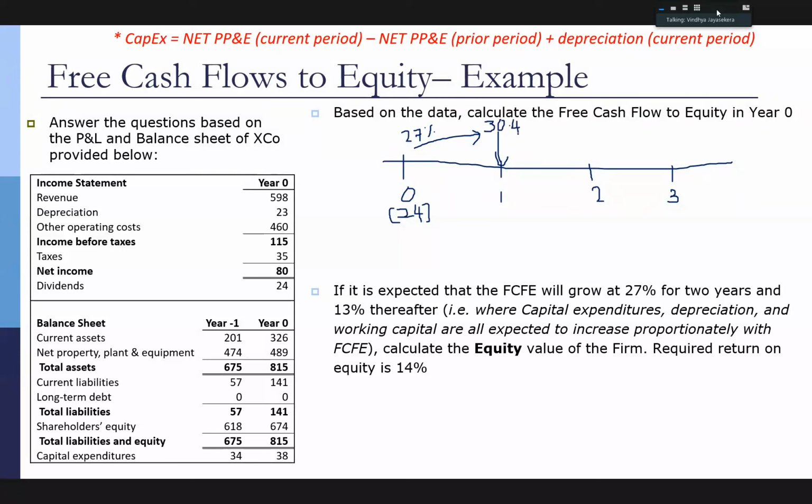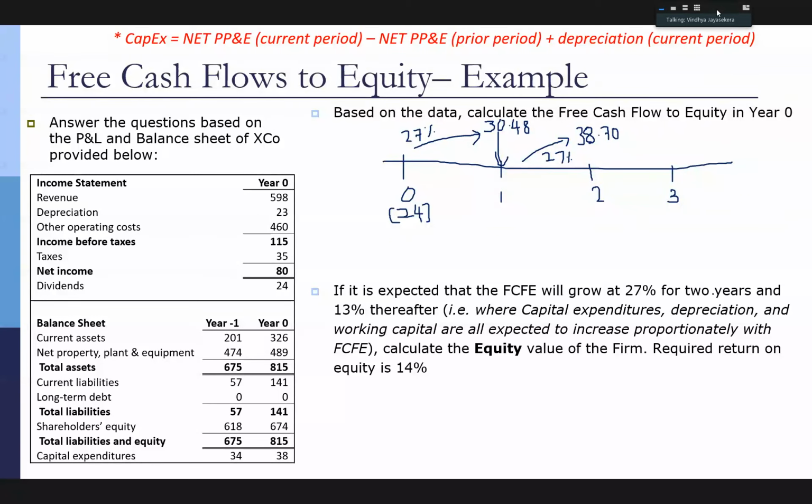And then again, that cash flow grows by another 27% to year 2. So how much is your cash flow in year 2? 38.70. So it says it will grow at 27% for 2 years.